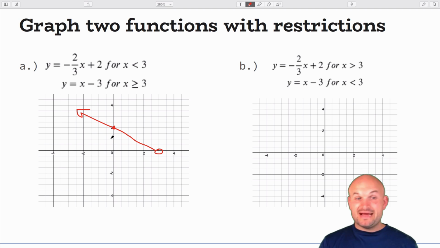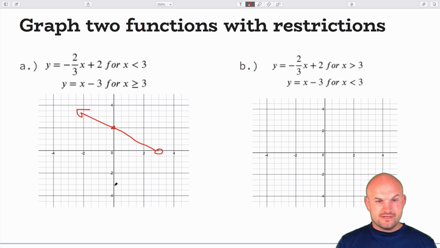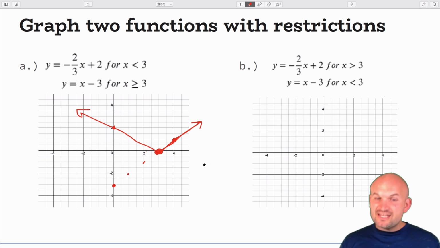Then I have x minus 3, so that's going to be down 3 here. And again, remember, you can think of this as -3, up 1 over 1, up 1 over 1, up 1 over 1, right? And then x minus 3 is for x greater than or equal to 3. So that would be up 1 over 1. There you can see it. It kind of looks like a V-shaped graph.